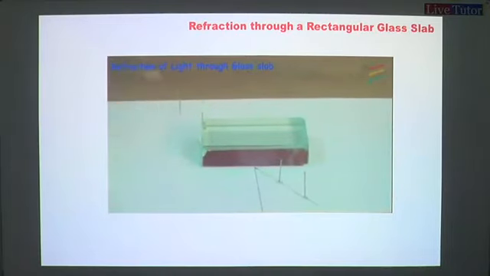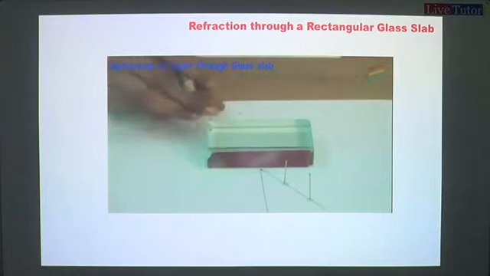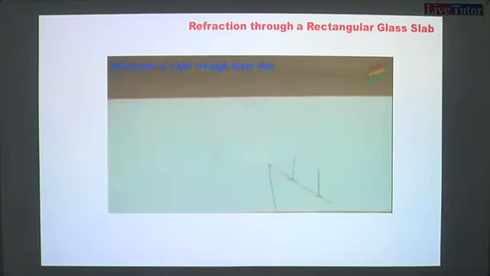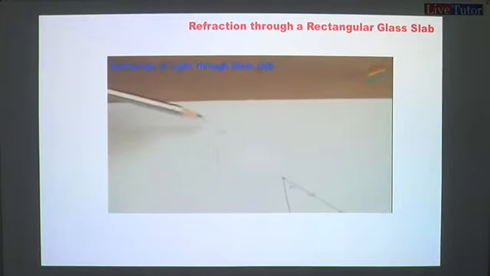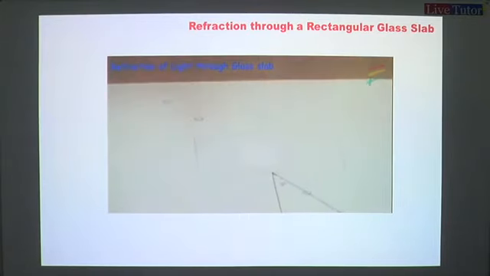Once I place the two metal pins, I remove them and mark their position. These two positions are marked, and now we will join these two positions with the boundary of the glass slab.